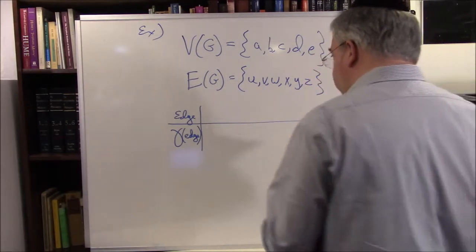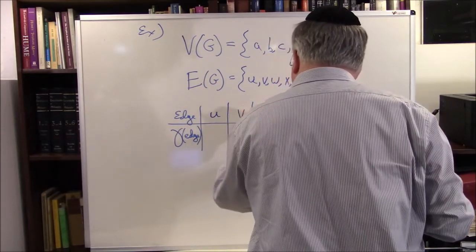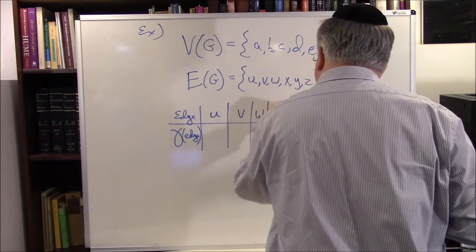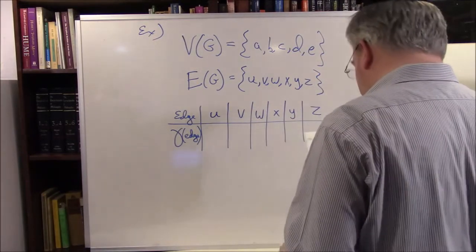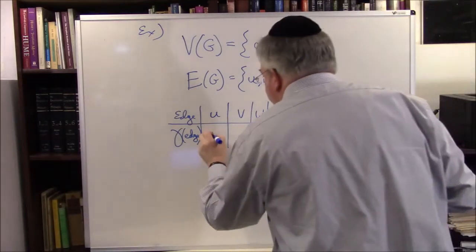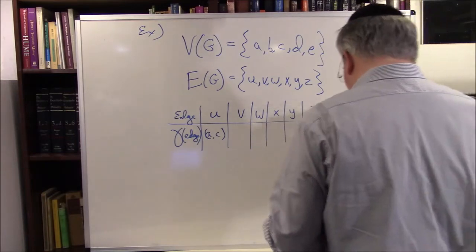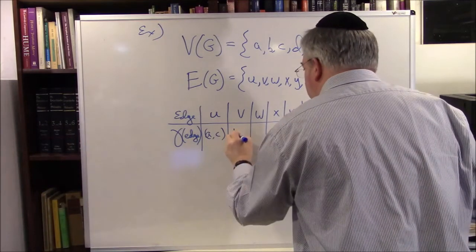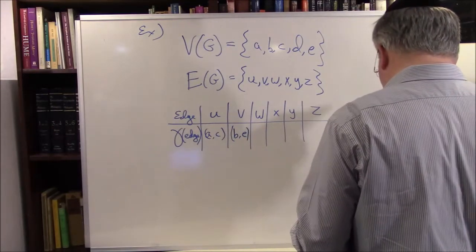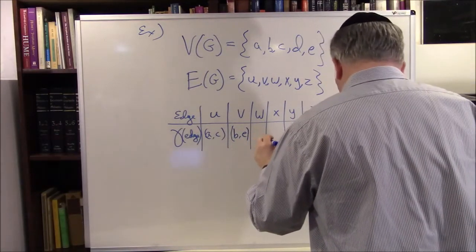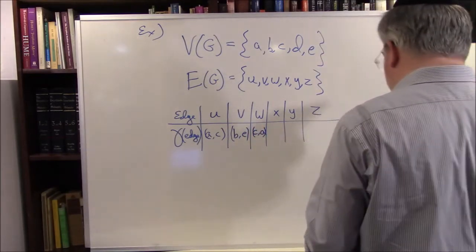Okay, let me tell you, u goes from A to C. Okay, v goes from B to E. w goes from C to A. I'm making this up as I go along.